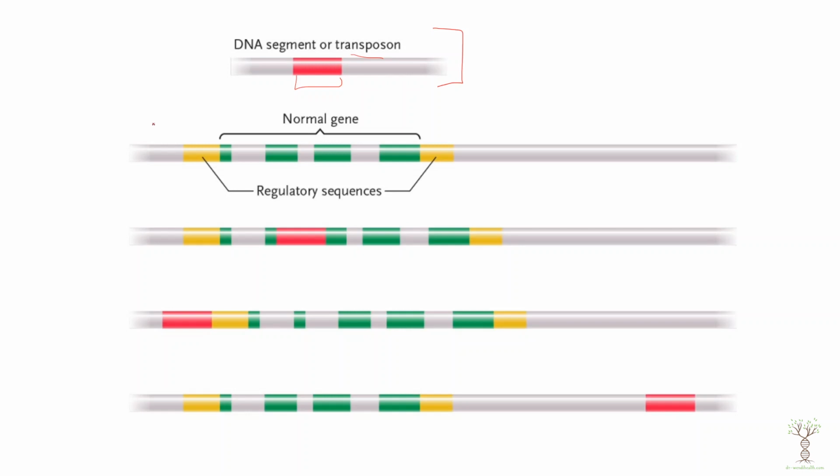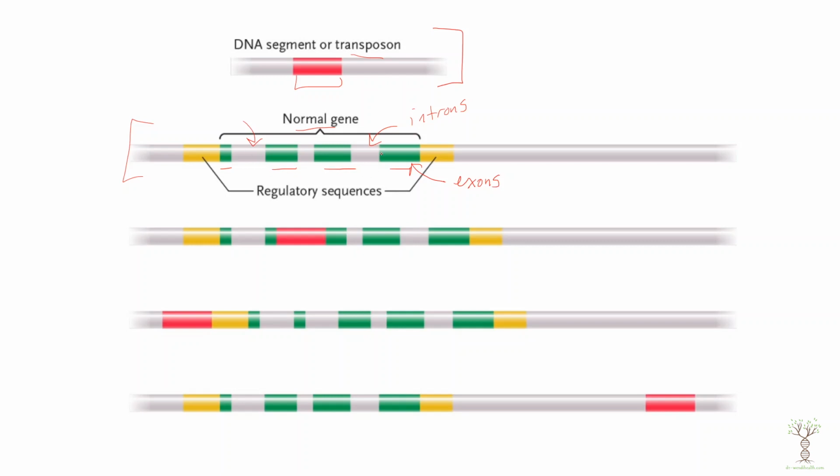And over here we have a normal gene sequence, and there's a few things I want to point out. When we have a normal gene, there are coding regions and there are non-coding regions. These non-coding regions are called the introns, and the coding regions are called exons.